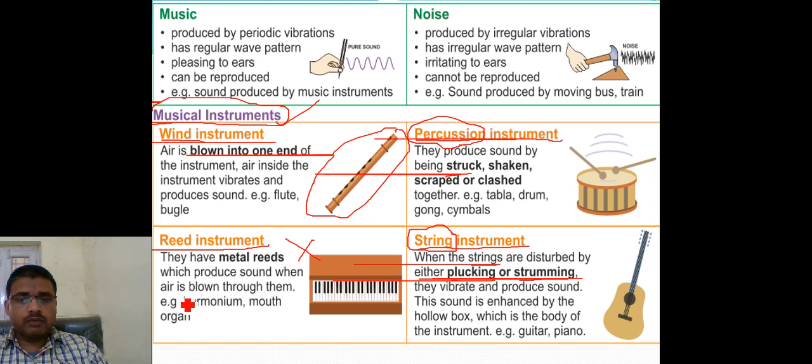Harmonium is one kind of instrument. Mouth organ is another. These are some kind of instruments in which air is blowing through them.